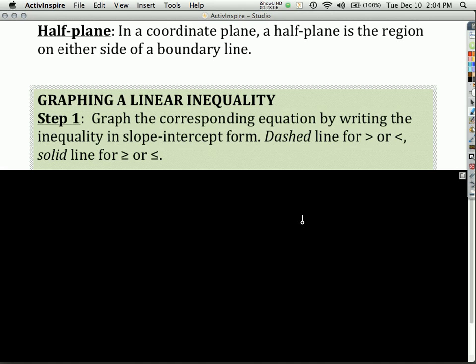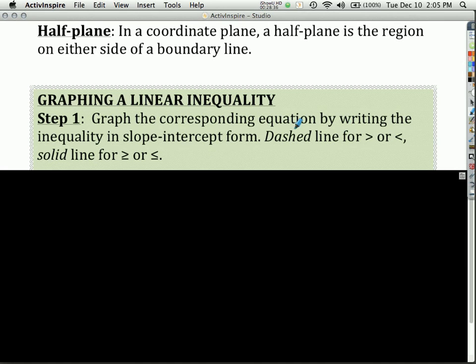A dashed line is just like an open circle on the number line graph, and a solid line is just like a closed circle on the number line graph. Unfortunately, if you put a dotted line when it was supposed to be solid, or a solid line when it was supposed to be dotted, even if everything else is correct, the whole thing will be marked wrong. So you have to pay attention to this detail.